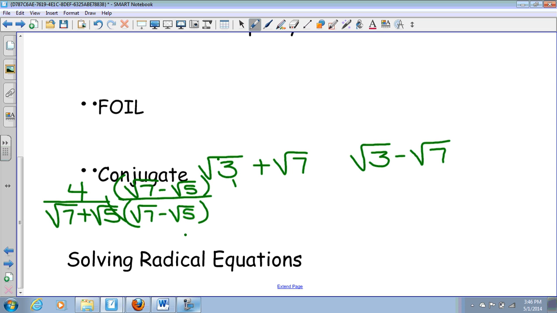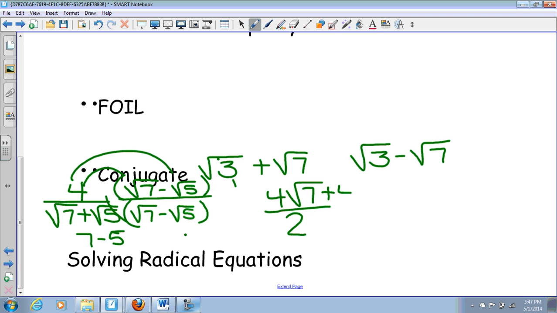Okay? So what did I tell you? What's going to happen here? We're going to end up with 7 minus 5. 7 minus 5 is 2. And on top, we're going to take 4 and we're going to distribute it to each side. So 4 times the square root of 7 plus 4 times the square root of 5. That's plus minus, my bad.